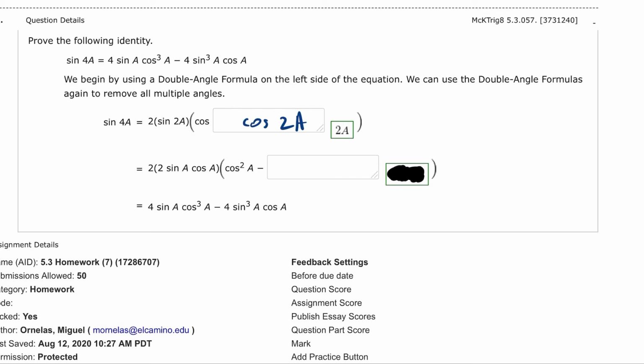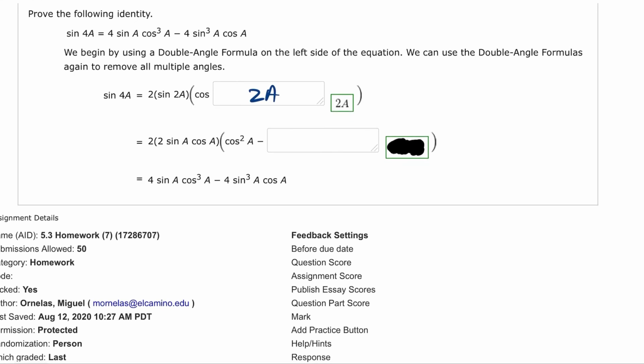Oh, I'm sorry, they already have the cosine written for us, so it's just 2a, not cosine of 2a. You have to be careful with that. All right, and then the double angle formula for cosine of 2a can be written as cosine squared minus sine squared a. That's one of the versions.